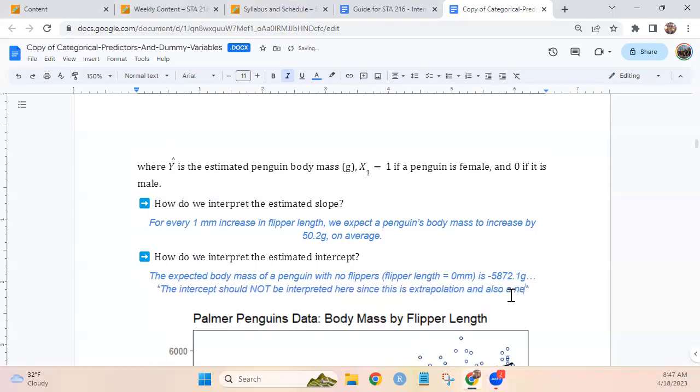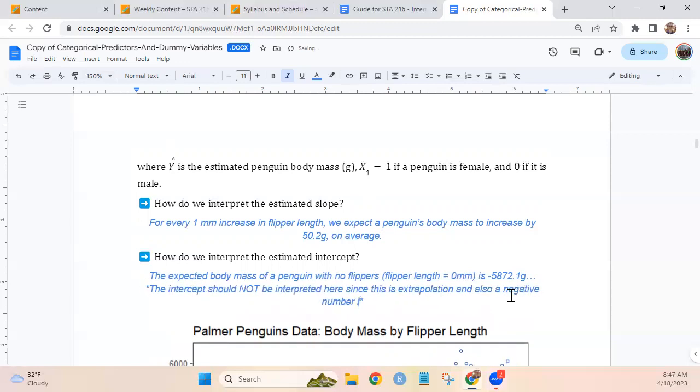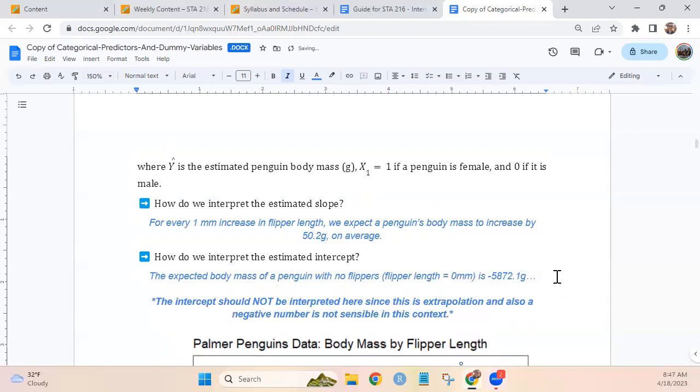And also a negative number is not sensible. That happens decently often with the intercept term. So that's all we should note here for the intercept.